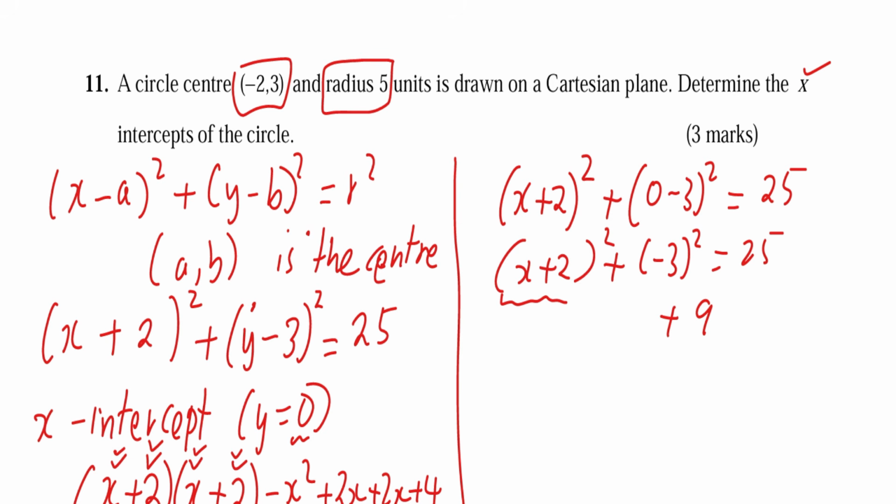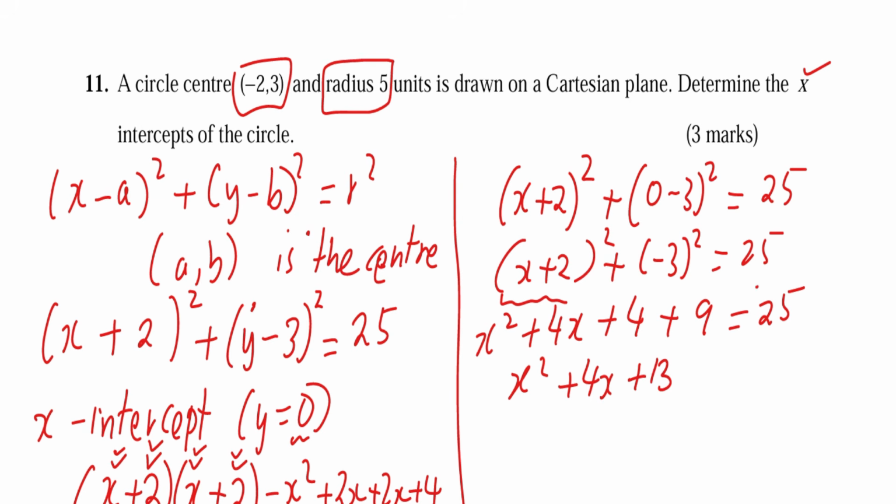So at the end of the day, if you collect like terms, you should get x squared. Remember 2x plus 2x gives you 4x. So x squared plus 4x plus 4 plus 9 equal to 25. Now we just got a quadratic equation. Collect the like terms: x squared plus 4x, 4 plus 9 gives you 13.